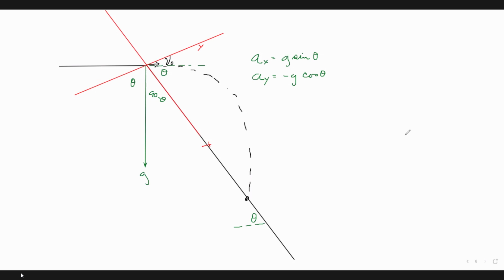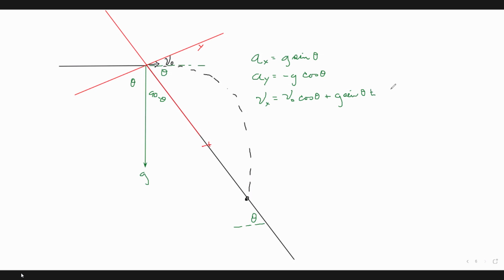Okay, so now you can write down kinematic equations. You can write down v sub x is equal to v0 cosine theta, sorry, plus g sine theta t.